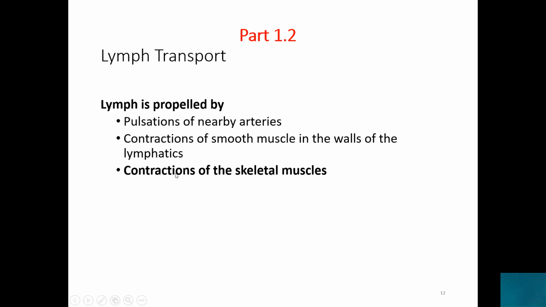But the main mechanism is the same as for veins, contractions of the skeletal muscles. When we are moving, walking for example, the skeletal muscles in our legs contract, squeeze lymphatic vessels, and move the lymph up, and when muscles relax, lymph doesn't go back down because of the valves preventing backflow.